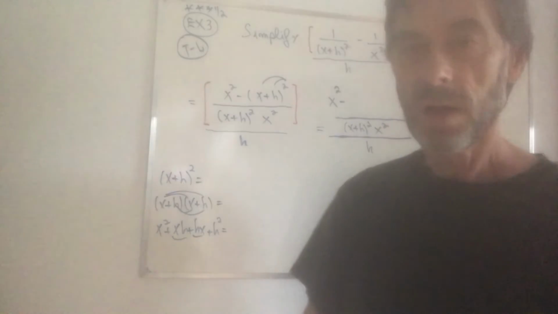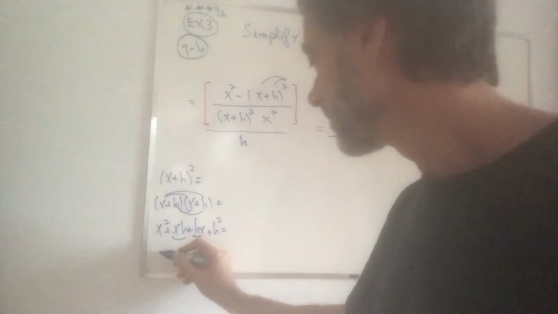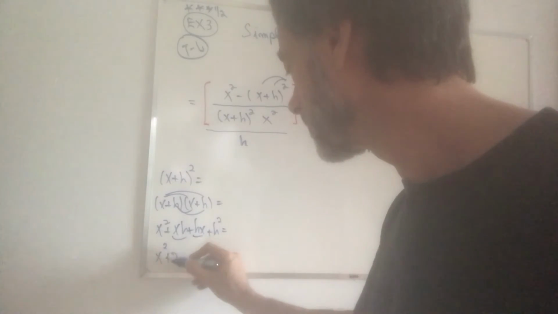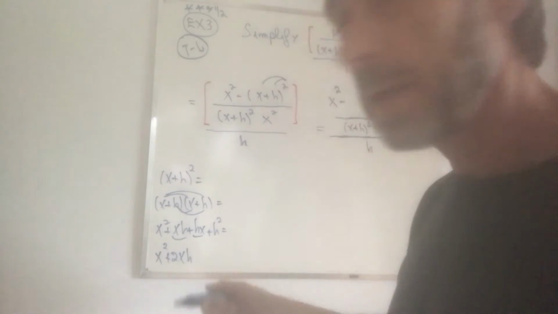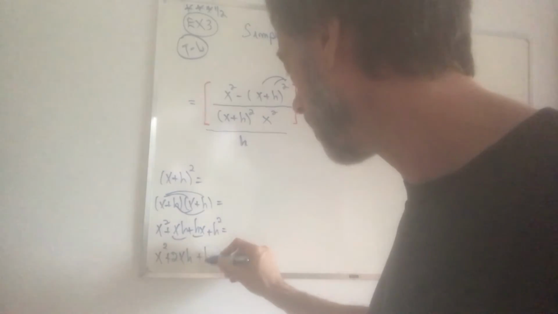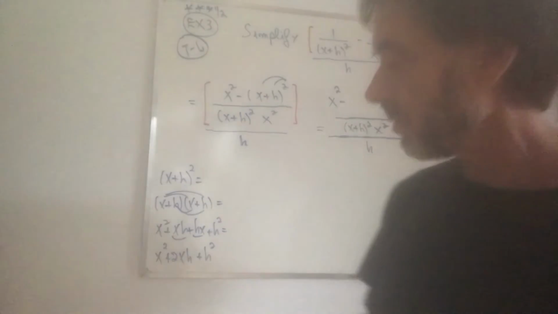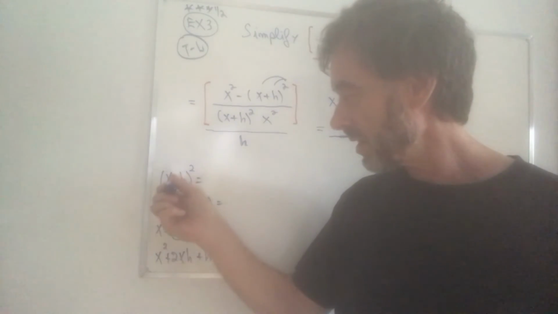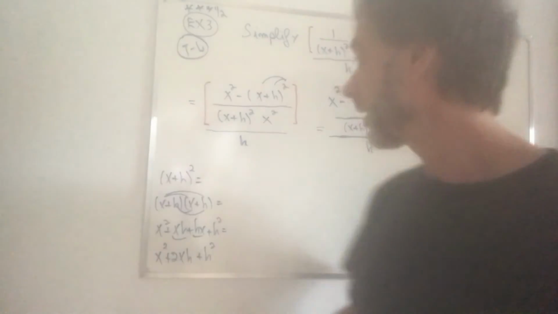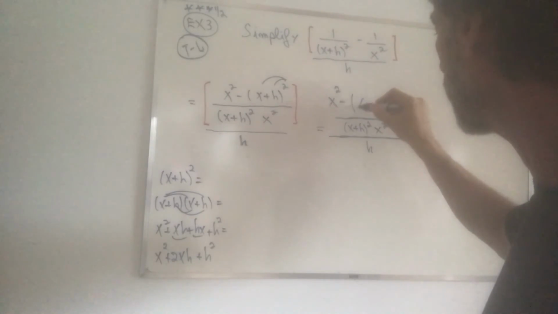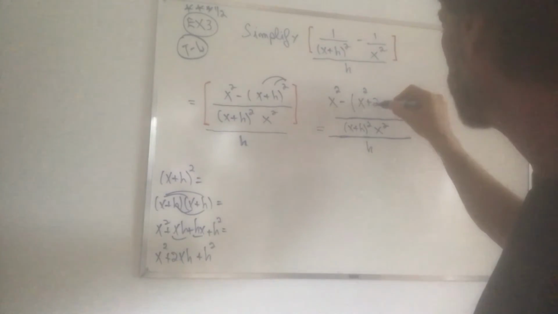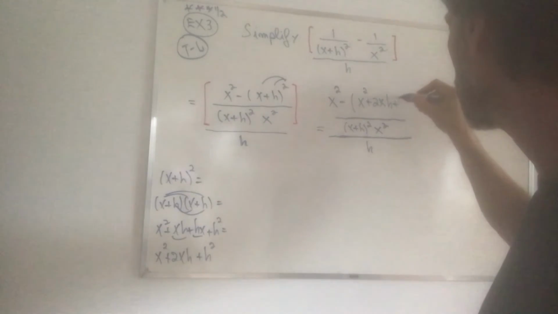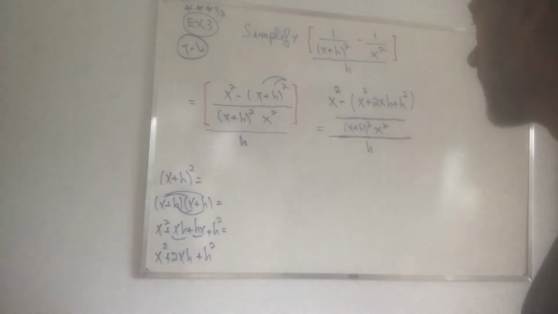Those two are the same. So that's x squared plus 2xh, or hx, doesn't really matter the order since multiplication is commutative. That is the way to write x plus h squared. So that's what we're going to put here in a bracket. X squared plus 2xh plus h squared.